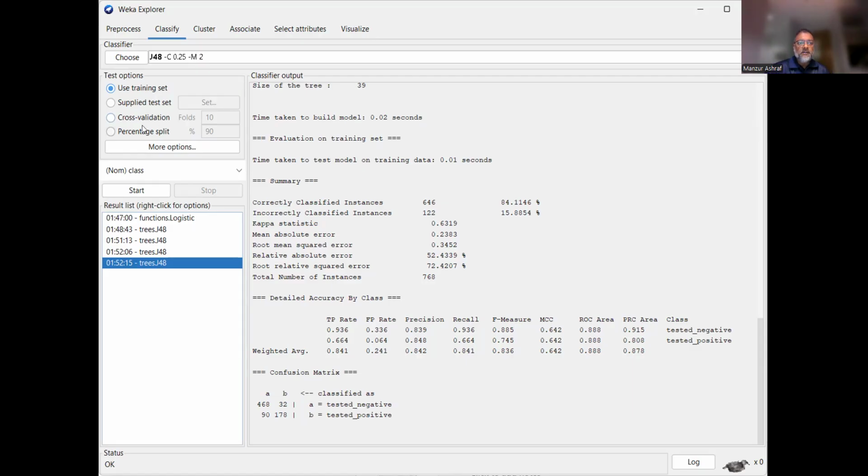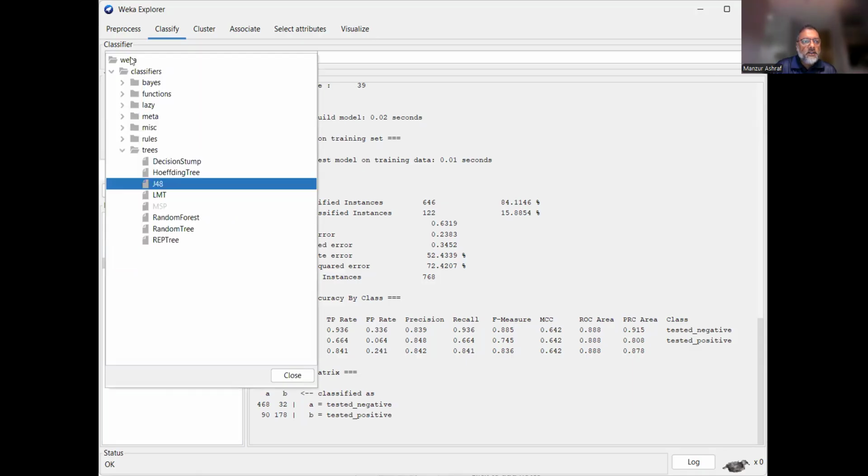This is what is happening in cross validation. In the case of percentage split, 90% of the data is used as the training set, something like that, right? So anyway, we can see that when using the training set, the accuracy greatly improved, right?